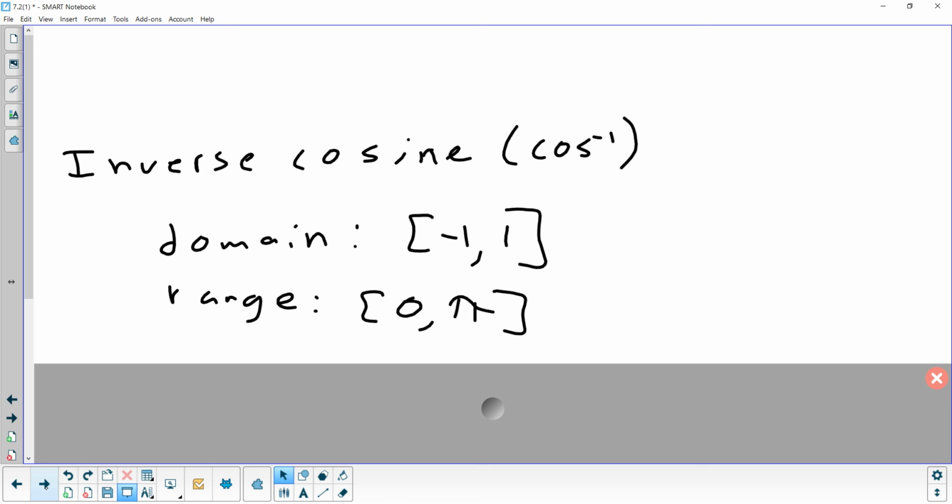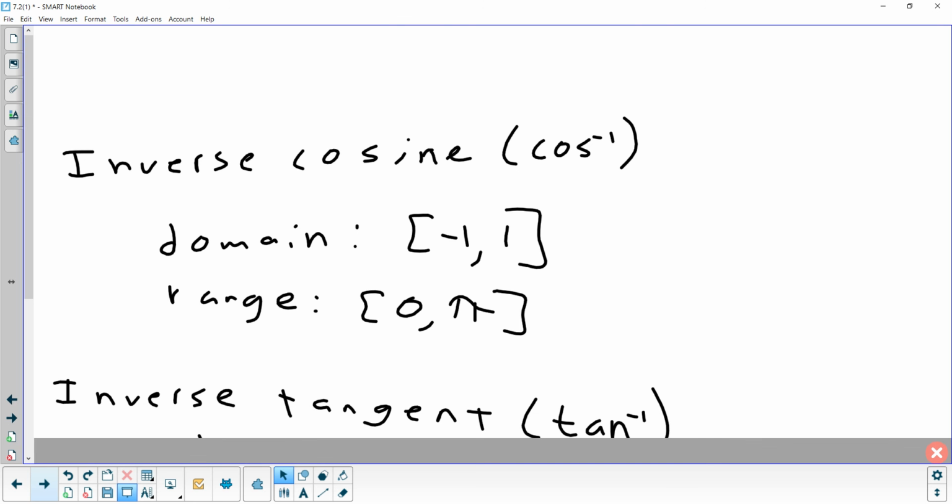These domains and ranges are just starting points. If we do a transformation, like say you shift it right 1 unit, well then this domain would be 0 to 2. If you shifted the left number to the right 1, and you shifted the other number right 1. So these can change, but they're your starting points.